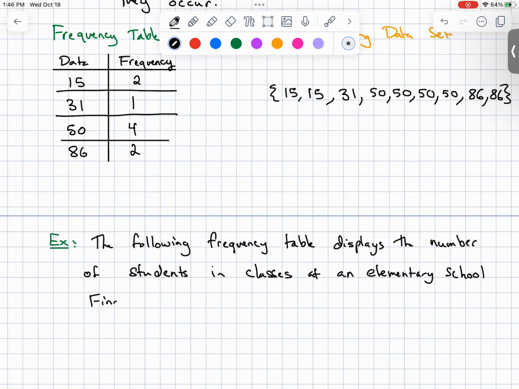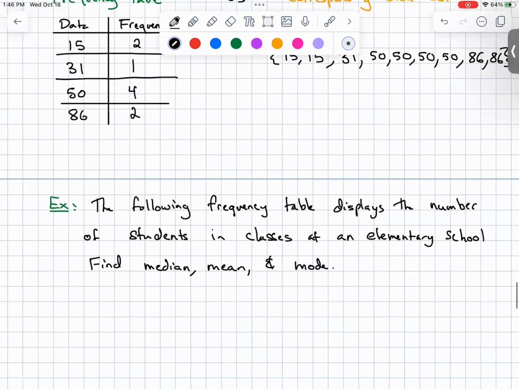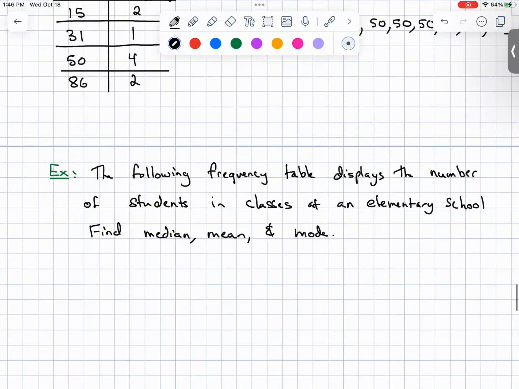Find the mean, find the median, and mode. And so here's the table, and that's where we'll leave it for today.